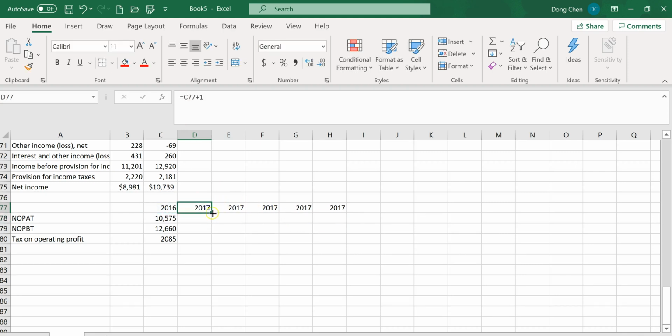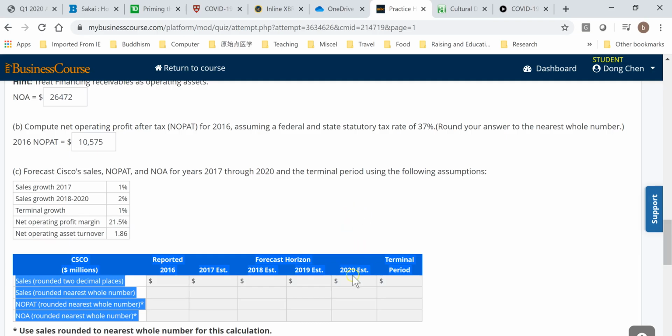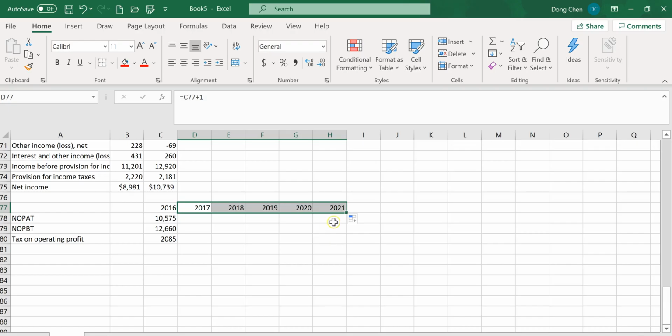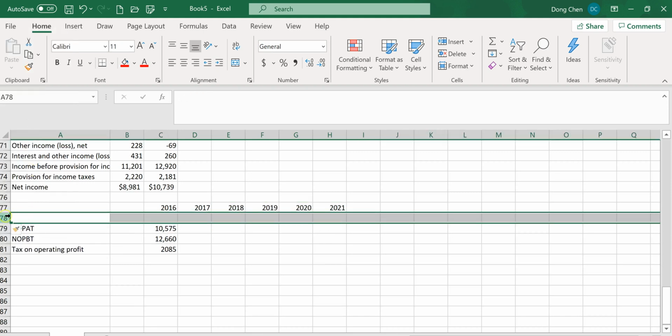That's why when I put the cell, it doesn't give me the expected results. So the last year, the horizon period, is 2020. The terminal period starts from 2021. That's what we want here. Then we can copy the number.